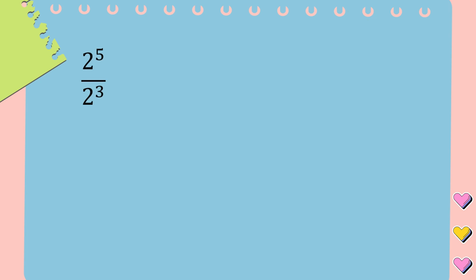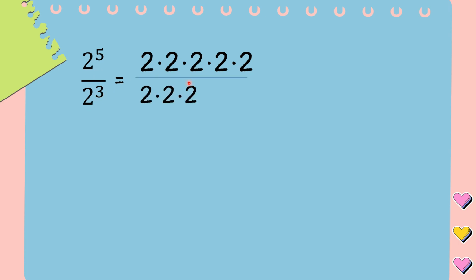Next, how about 2 raised to 5 divided by 2 raised to 3? Again, 2 raised to 5 means 2 times 2 times 2 times 2 times 2. 2 is multiplied by itself 5 times. And 2 raised to 3 means 2 times 2 times 2. 2 is multiplied by itself 3 times.